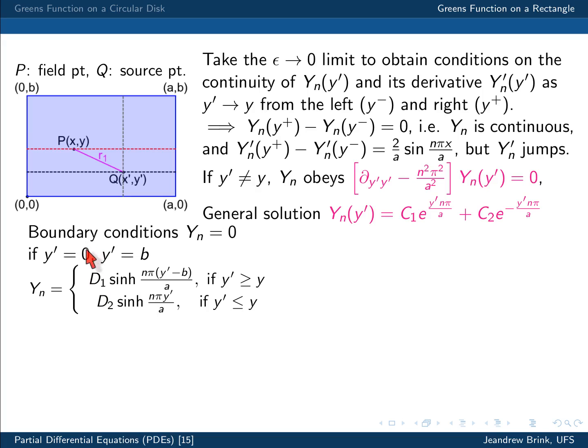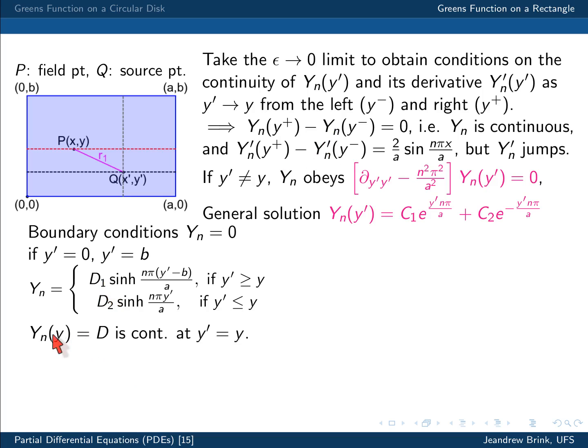Okay. And what remains now for us is to fix these constants d1 and d2, and the way we do that is to require what we know about yn when y prime is equal to y, in other words, when y prime is on this red line. Those are the conditions on continuity and the jump in the derivative that we've just derived. So we use those to fix d1 and d2.